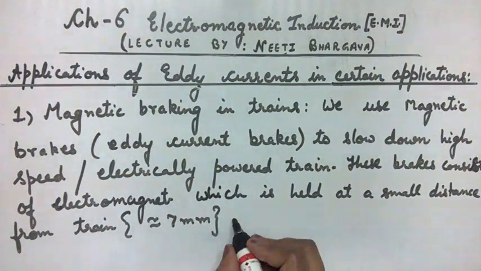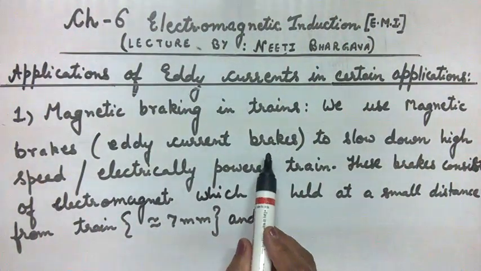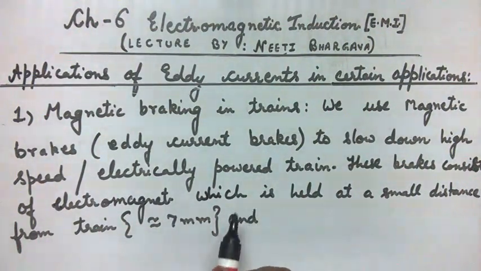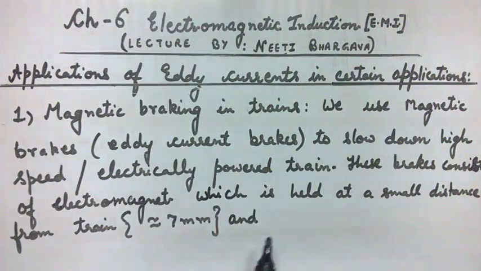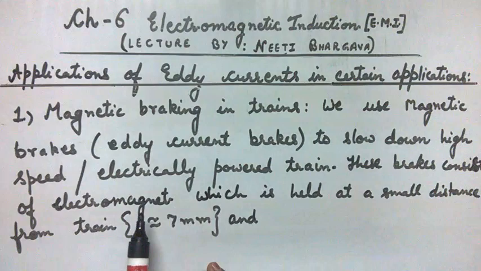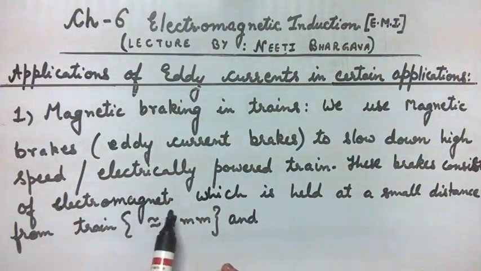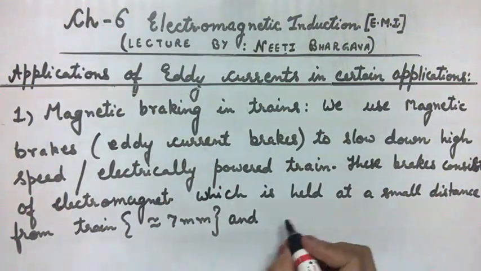And when the driver of a train wants to slow down the train, he applies electric current through this electromagnet, and because of the electric current, the electromagnet starts moving along the direction of the train.